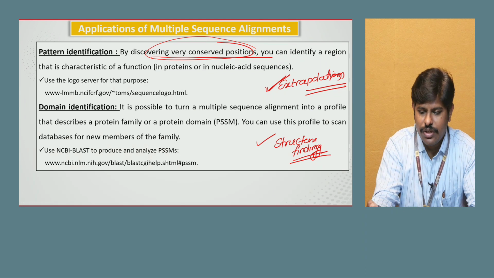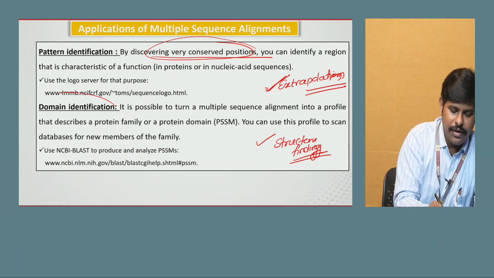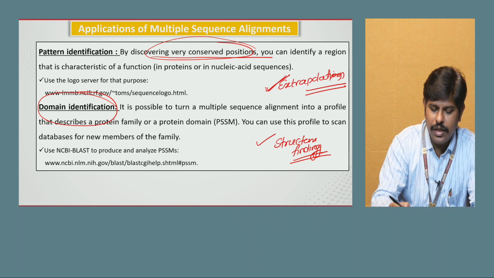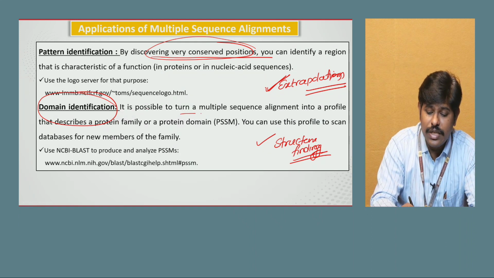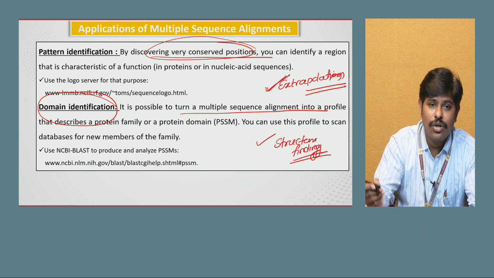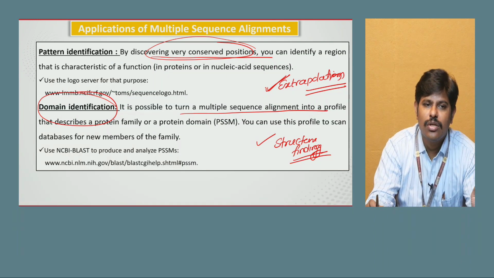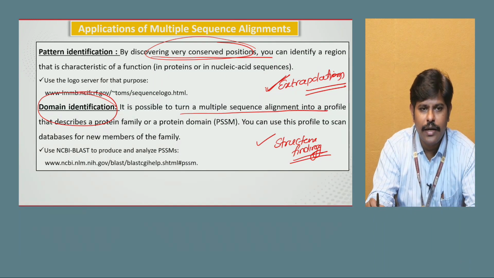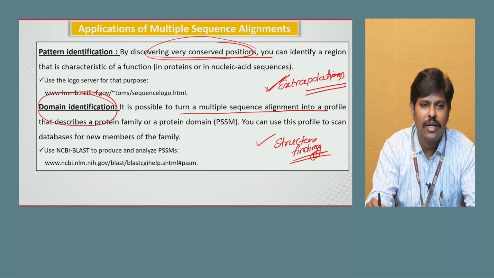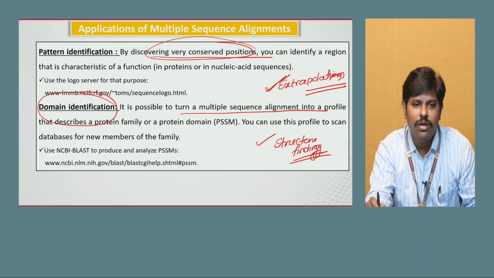Similarly, at the structural level you can identify a protein domain. It is possible to turn a multiple sequence alignment into a protein domain identification by constructing a position specific scoring matrix, and this position specific scoring matrix can tell you about identification of the domains here.